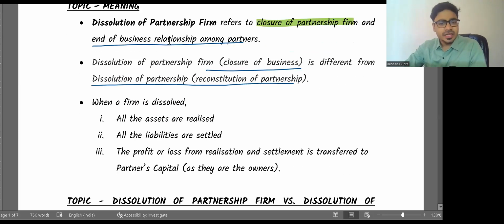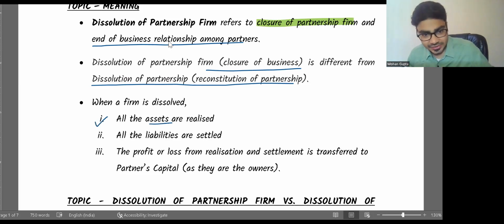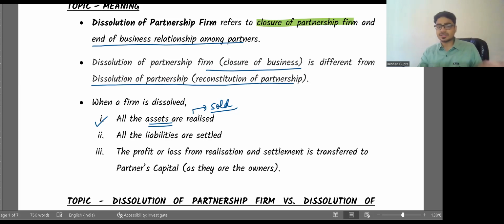Now, when Santa and Banta close their business, what will they do? Firstly, they will sell all their assets. All their assets are realized. Realized means sold. Because if business is getting closed, it is pretty logical to sell all the assets of the business.